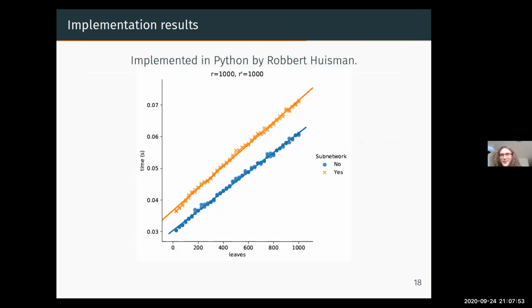Sure. When we run the algorithm, we have to be able to find cherries and reticulated cherries. Whenever we reduce a cherry or a reticulated cherry, we again have to find new cherries and reticulated cherries in the resulting network.